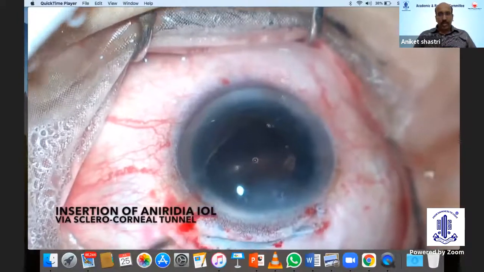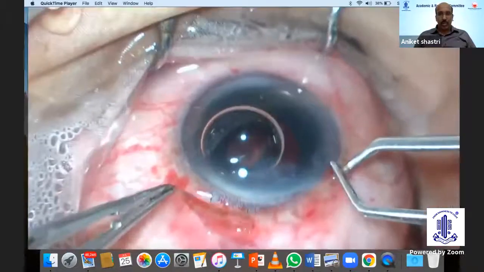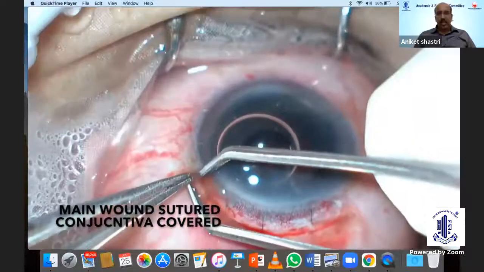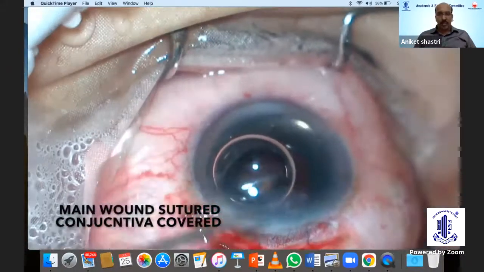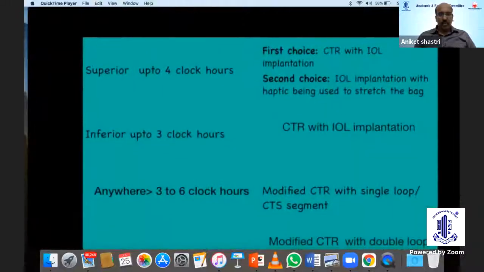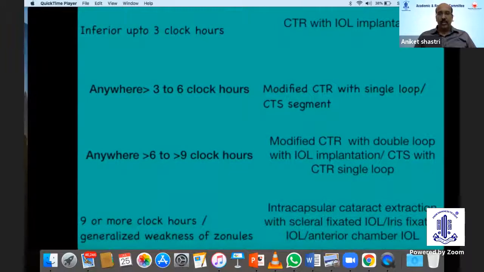When that was done, because of the traumatic cataract, I usually suture my tunnels, and because it's a larger tunnel, also required for such large IOLs, the conjunctiva was closed. And this is a rough guide for the choice of back fixation with respect to the extent of zonular dehiscence.